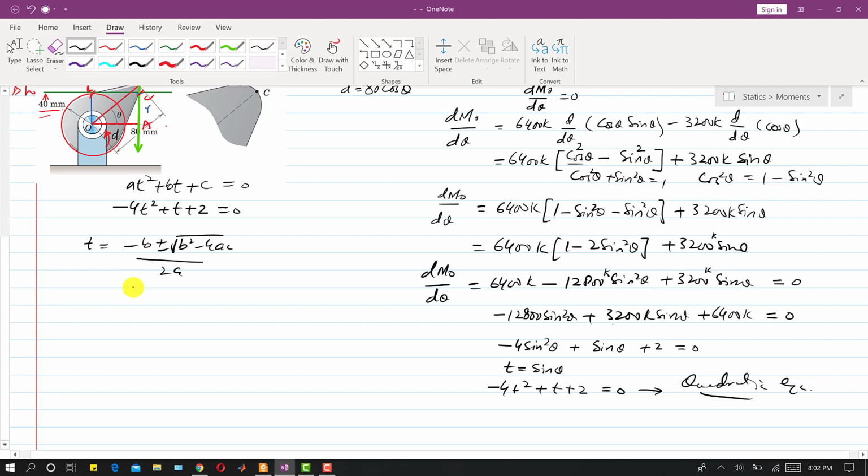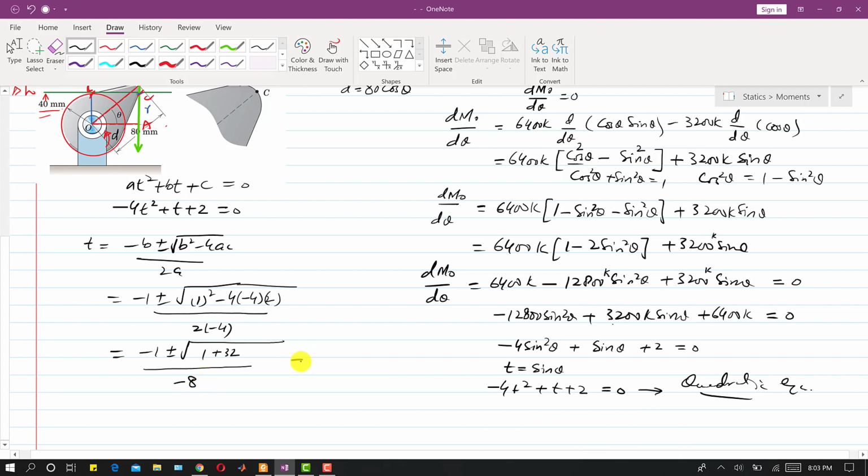So b is 1, a is minus 4, and c is 2. So I will write minus 1 plus minus square root of 1 squared minus 4 times minus 4 times 2, divided by 2 into minus 4. What we get is minus 1 plus minus, this will be plus 32, and the denominator will be minus 8.